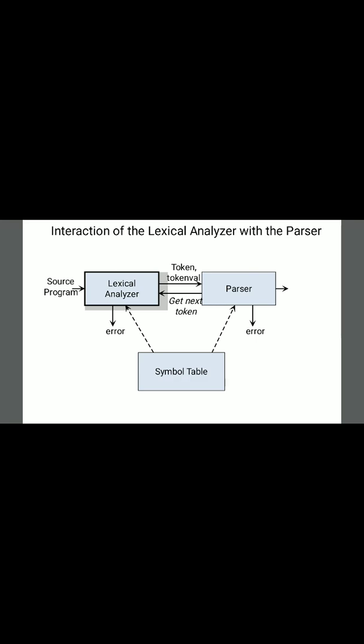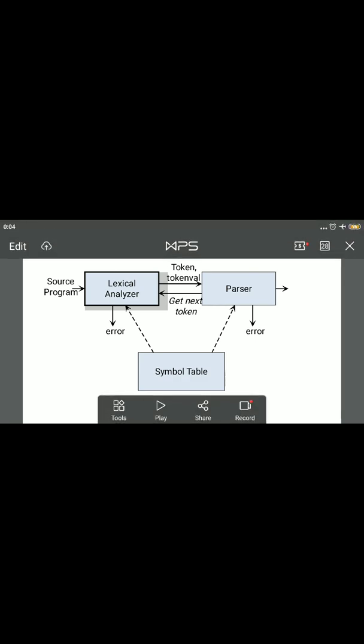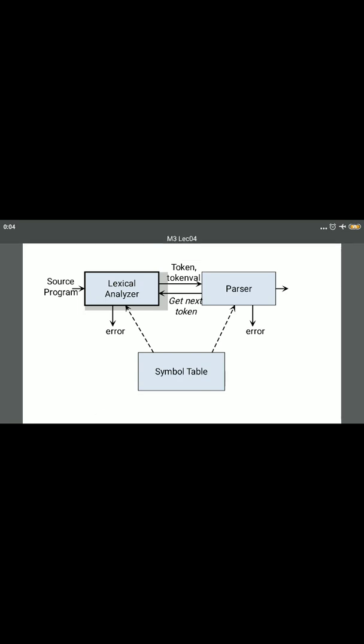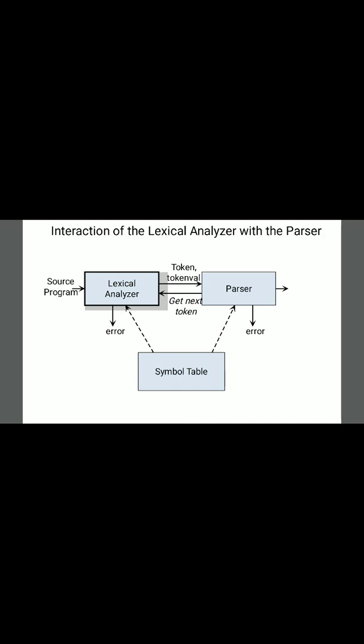The parser will do its job according to the grammar which is given. Sometimes, if the parser requires some tokens, it simply calls a function called get next token. It means the parser is in need of tokens, and that's what it is asking the lexical analyzer for.